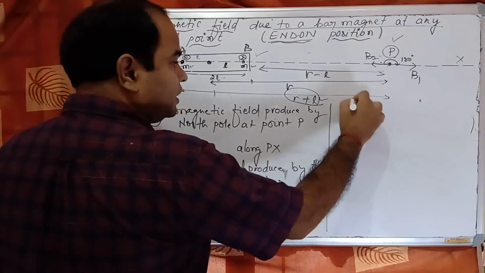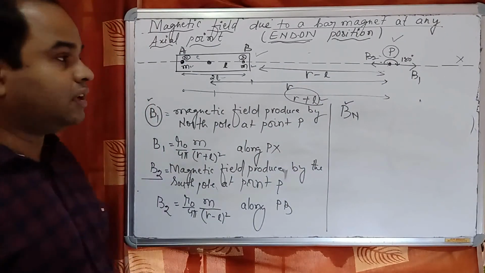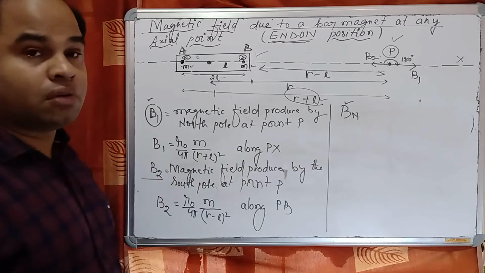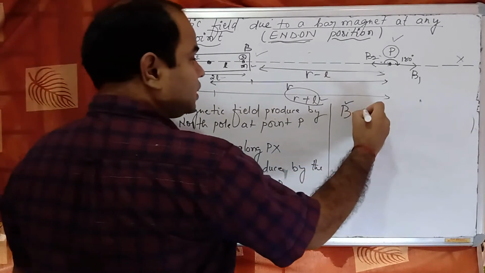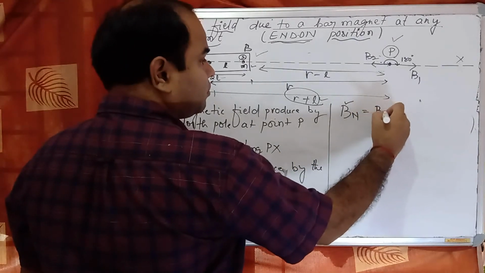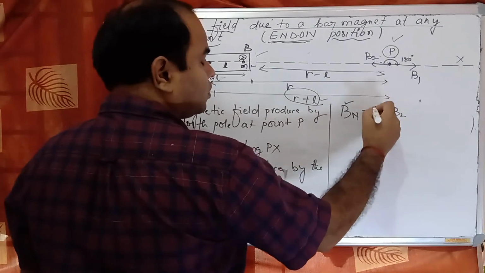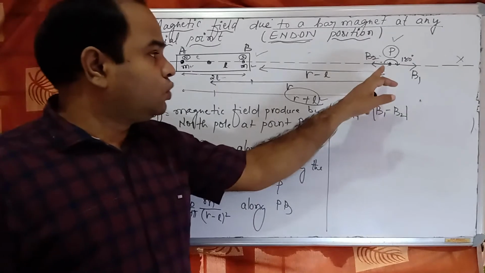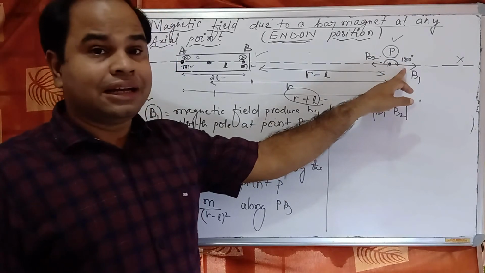Let us say Bn is the net magnetic field at point P. It is the mod of B1 minus B2 or B2 minus B1, because the two fields are anti-parallel.